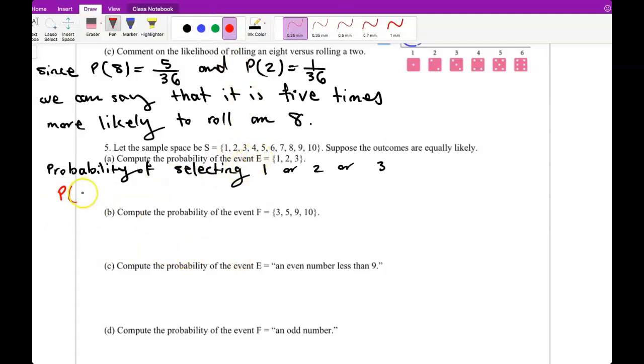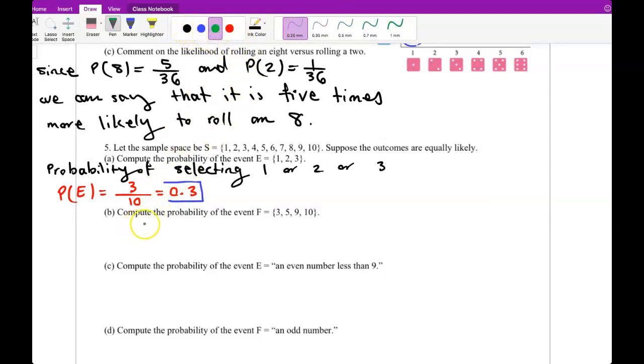The probability of this event is equal to how many numbers we have here, which is 3, and how many we have in our outcomes, which is 10. So the number of outcomes in this sample space is 10. The answer is 0.3.